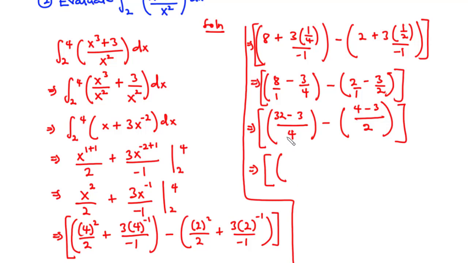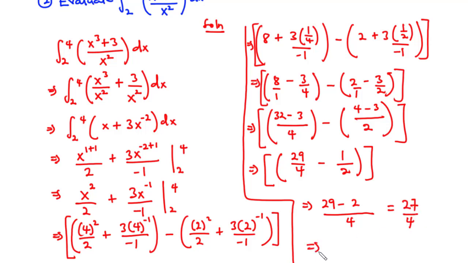So this becomes 32 minus 3 is 29. So we have 29 over 4 minus 4 minus 3 is 1. So we have 1 over 2. The LCM between 4 and 2 is 4. 4 divided by 4 is 1 times 29 is 29. 4 divided by 2 is 2. 2 times 1 is 2. 29 minus 2 is 27.